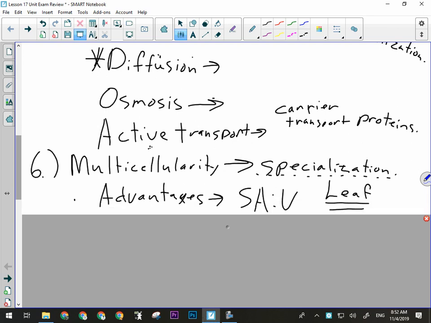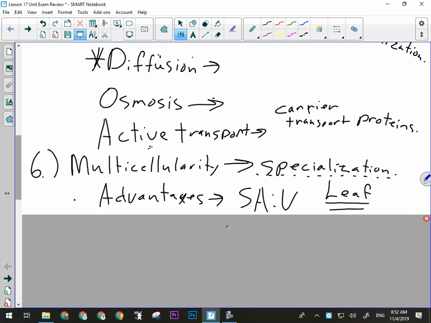Yeah, it was next. Okay, so multicellularity. What is your best example in your notes about multicellular organisms? The leaf. Yeah, the layers of the leaf. Okay, that shows us a multicellular organism that has specialization. The cells in the leaf are not all the same. They all do a different job, so they all have different structure.